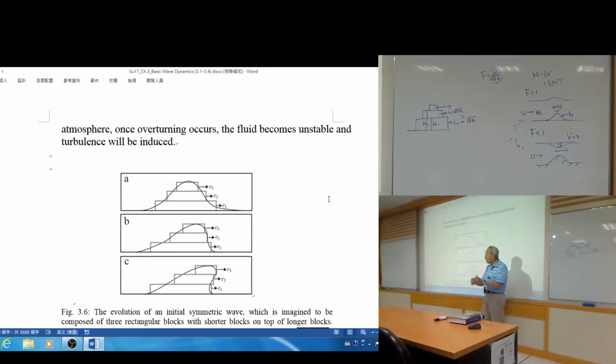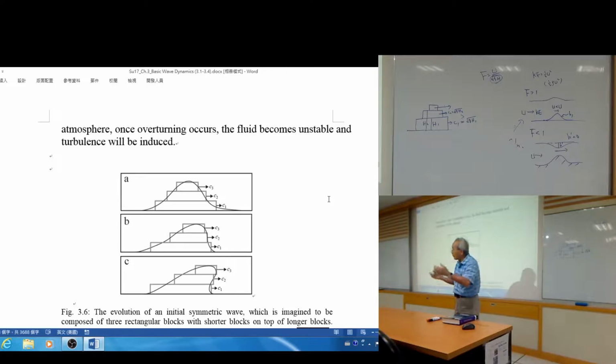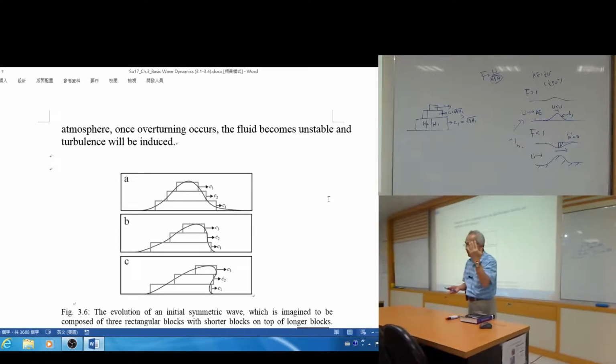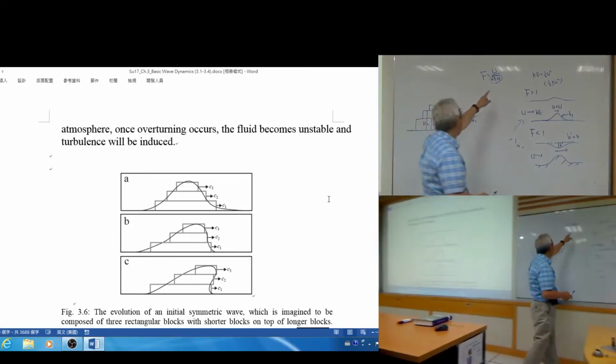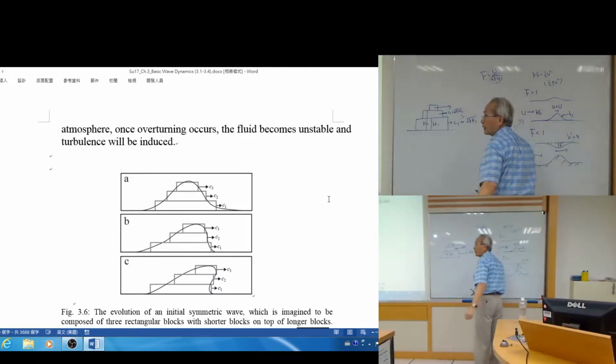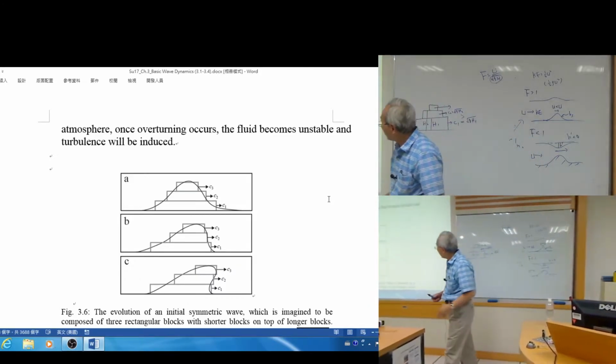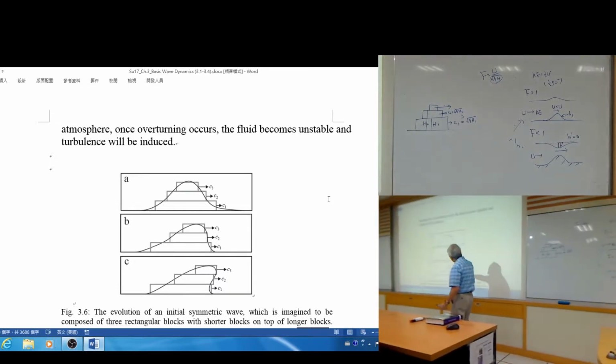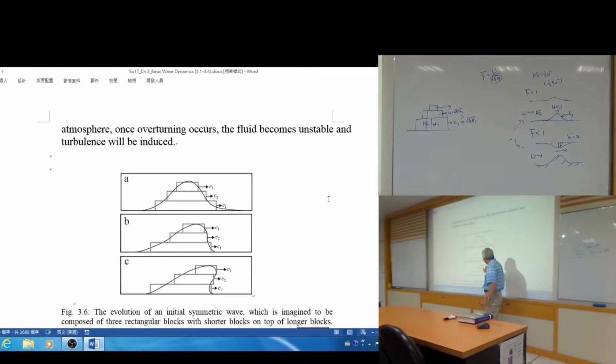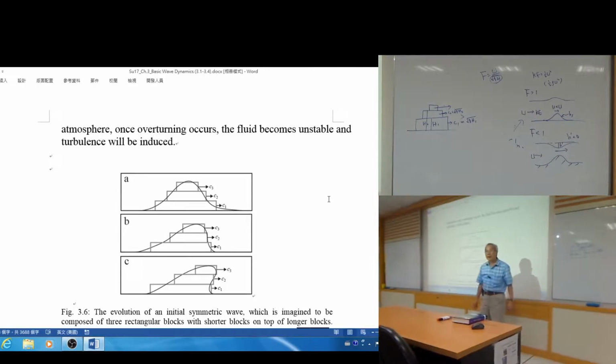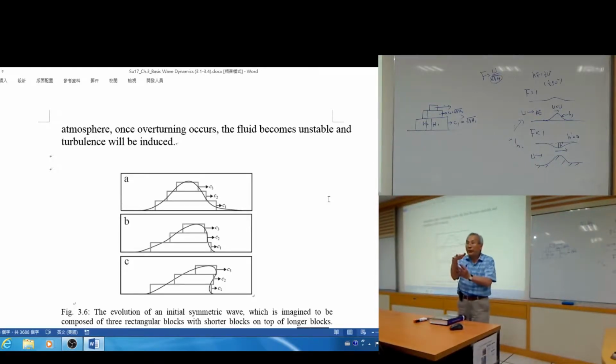According to the shallow water theory, the shallow water wave speed C equals square root of gH. So it is going to overturn because it is far faster than this. This is called the steepening effect, and then eventually becomes overturning.